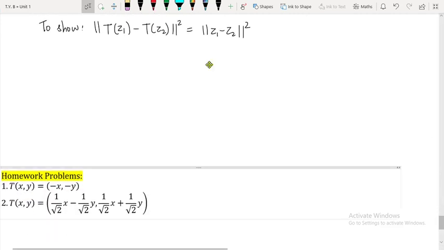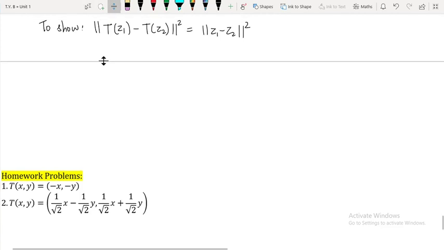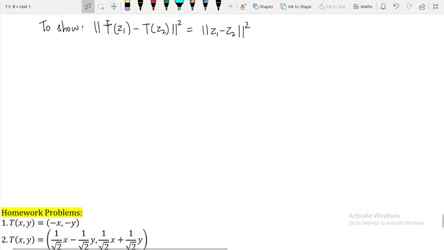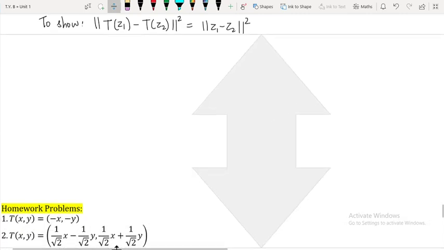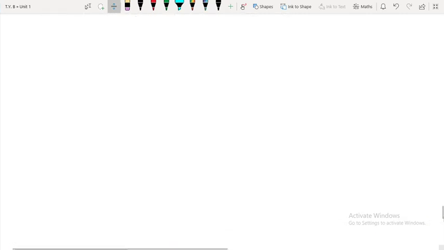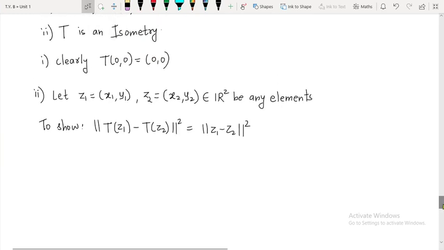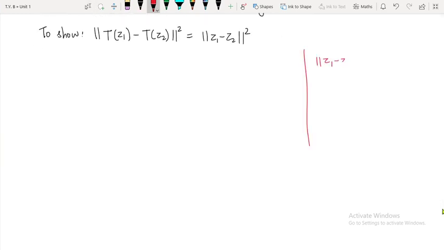Now you might remember, what is our right hand side? Our right hand side is nothing but, just a minute, yes, so our right hand side is norm of Z1 minus Z2 whole square, which will be (X1 minus X2) square plus (Y1 minus Y2) square. So there we are supposed to reach.